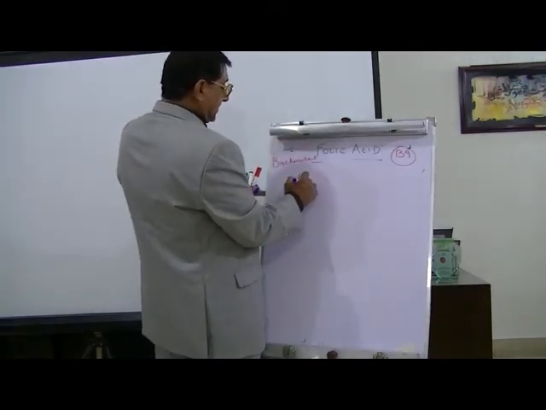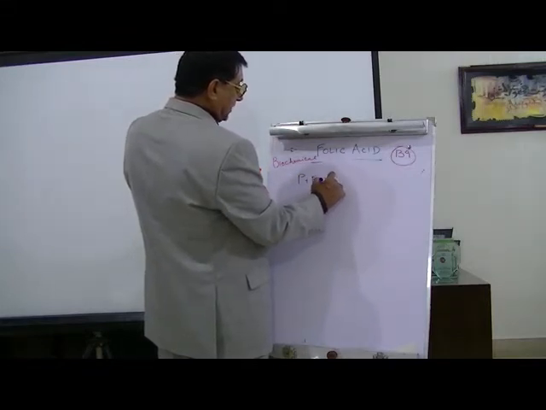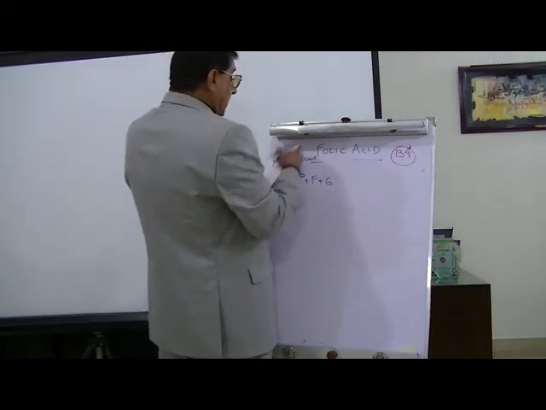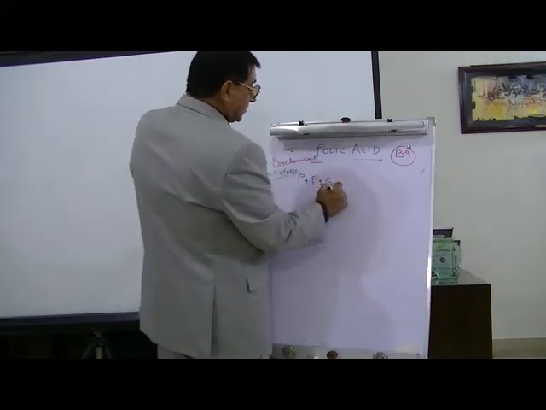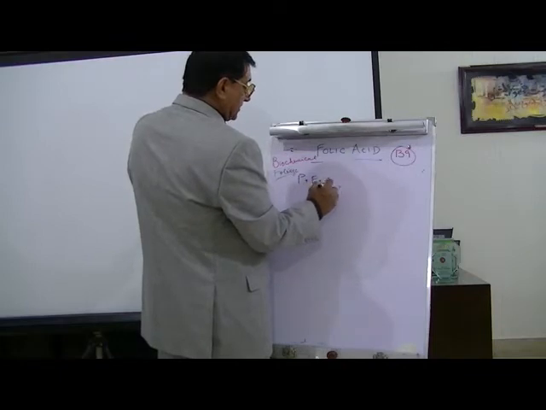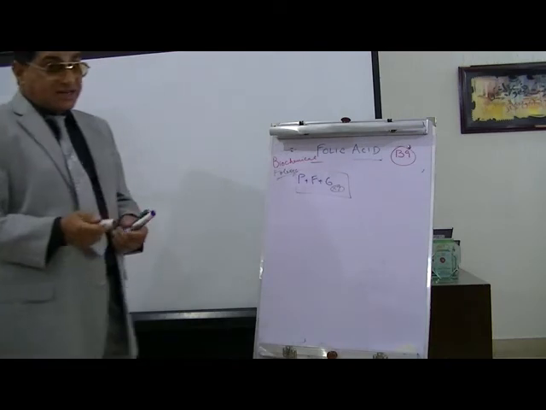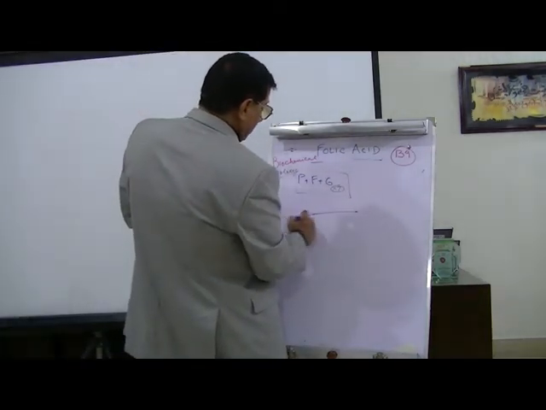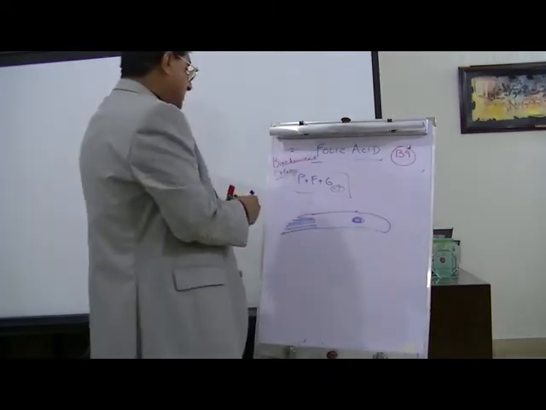Pteridine plus folic acid plus glutamate. In the diet, it is present in plants, foliage.